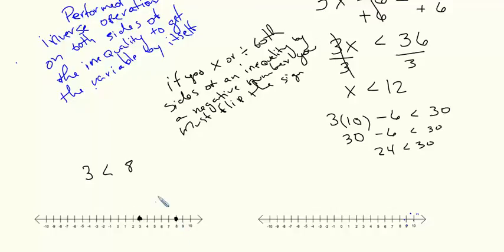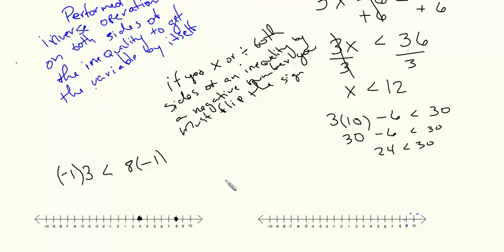Okay, so we can see that 3 is clearly less than 8. But let's see what happens if I multiply both of these numbers, 3 and 8, by negative 1. So I'm multiplying both sides of the inequality by a negative number.